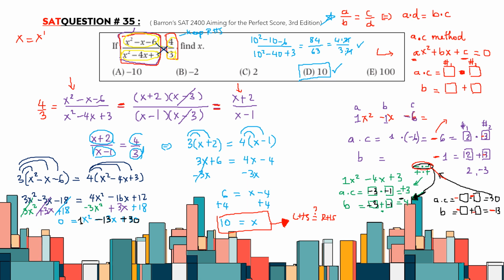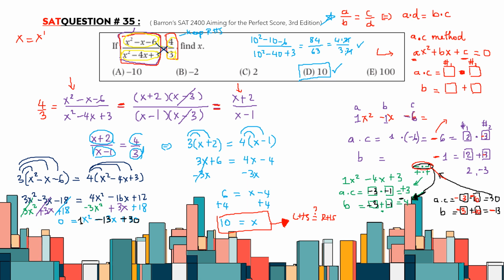All right. Now, what two numbers add up to negative 13? You can have 5 and 6, 15 and 2, or 3 and 10. So 3 and 10, right? Negative 3 and negative 10 is nice.